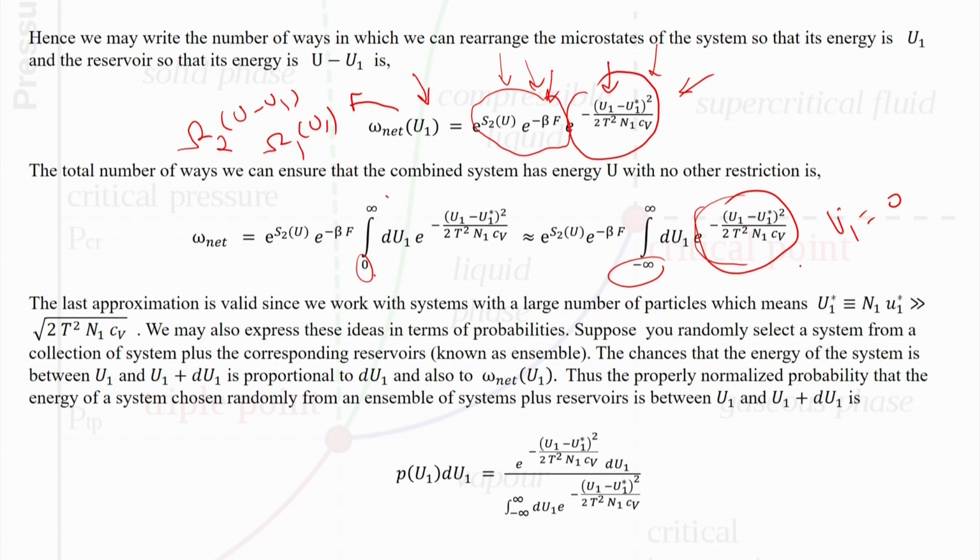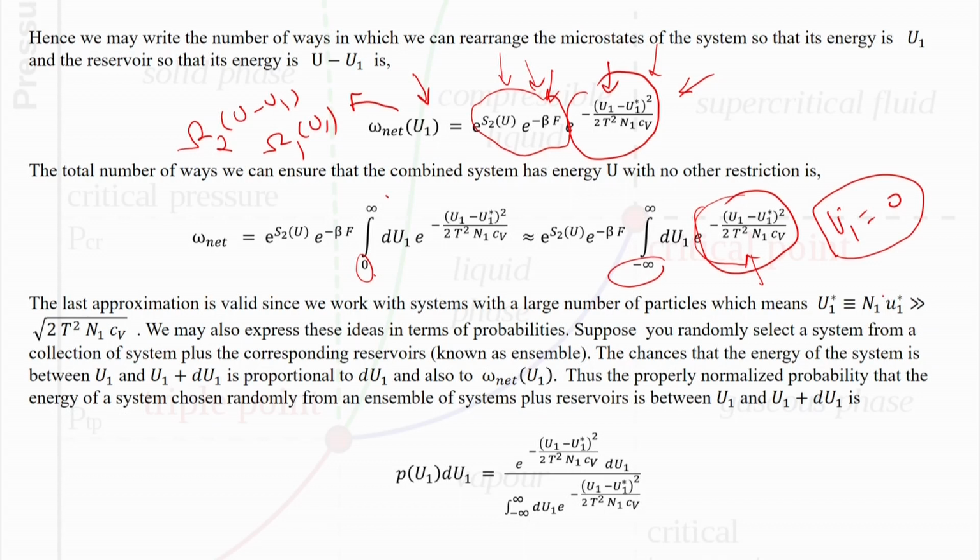So, all I have to make sure is that even if u1 is 0, this is still negligible. If it is negligible when u1 is 0, it is certainly going to be negligible when u1 is more negative than 0. So, how do I convince myself that it is negligible when u1 is 0?